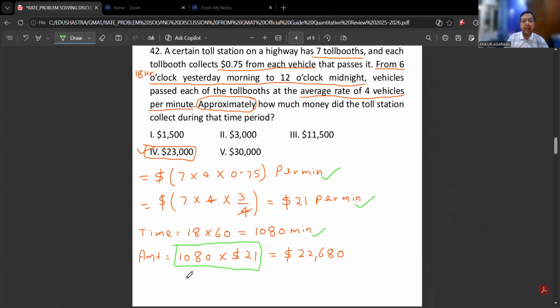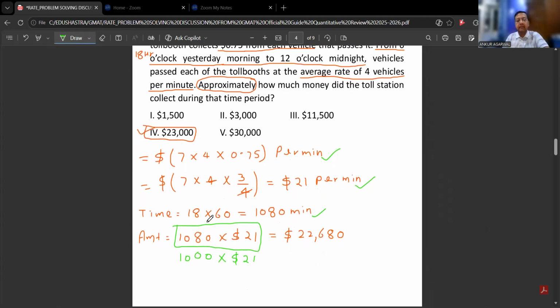See this. If I approximate this as 1000, and this is multiplied with say $20, or you can say 21, because you have taken this as 1000.